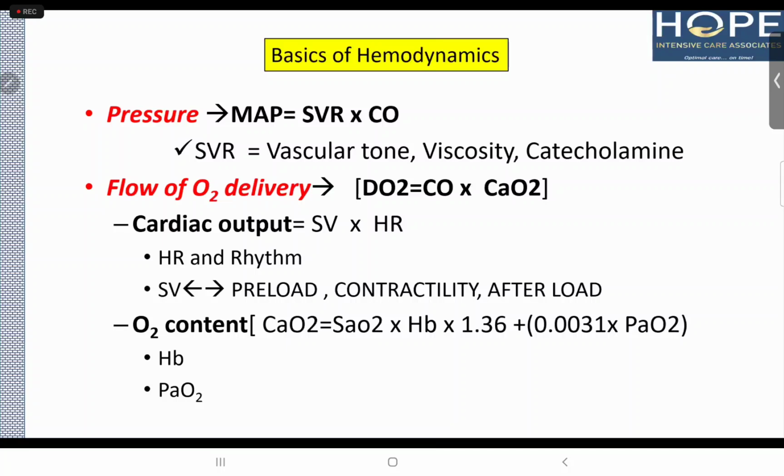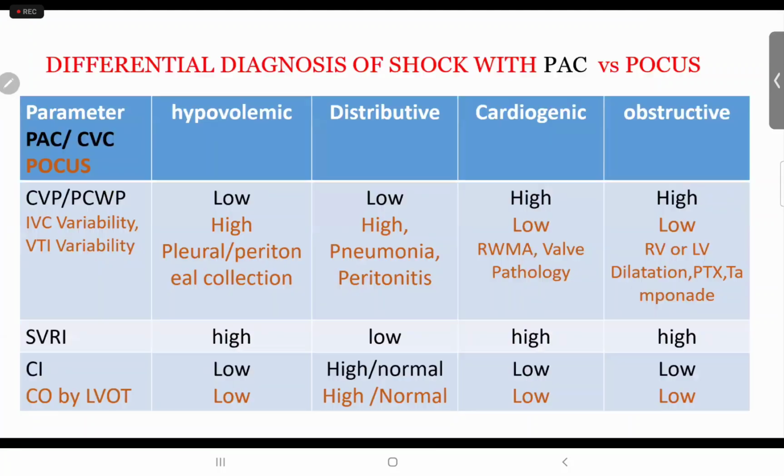So especially in stroke volume and cardiac output determination, ultrasound can be of great help. And I would say that at bedside, nothing else but ultrasound can help in detecting the alteration or pathology in these aspects. So let's go back to the old table, which helps us in differentiating the type of shock.